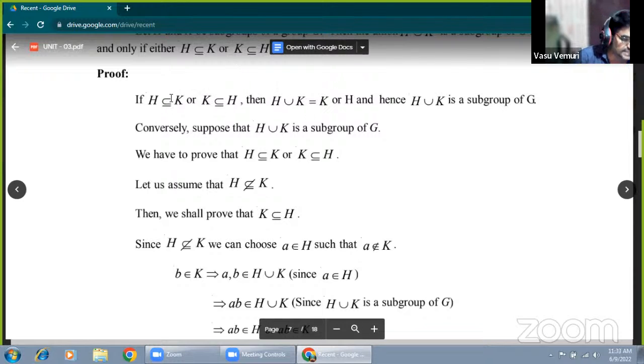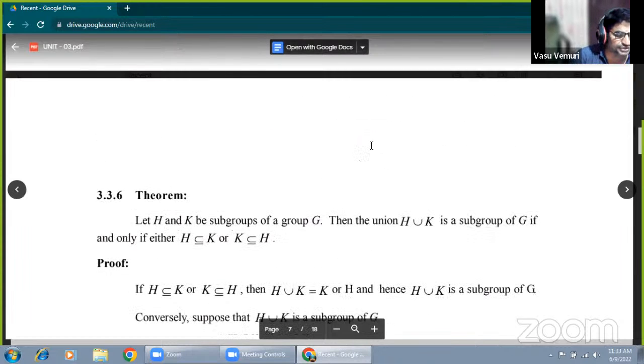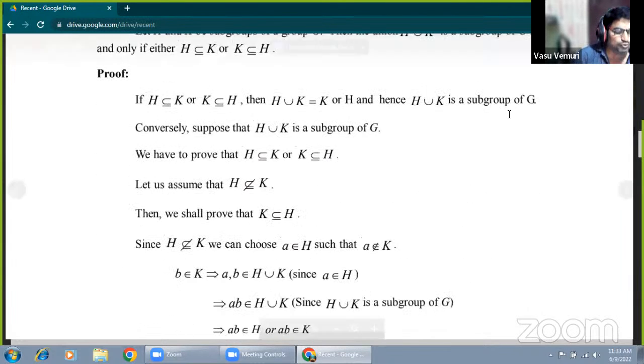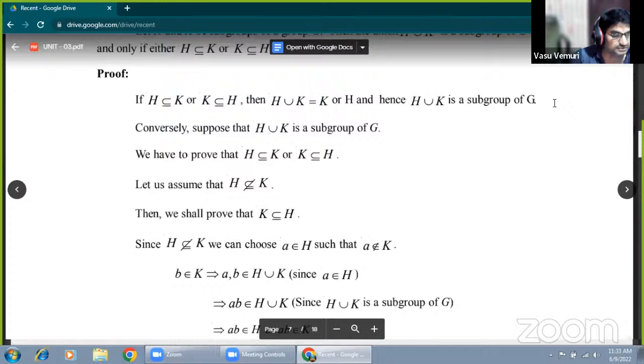H union K is equivalent to either K or H. Therefore, it is given here that H union K is a subgroup of G. This is the necessary part. Either H depends upon K or K depends upon H. H is a subgroup and K is a subgroup, and the union H union K is a subgroup. Therefore, H union K is a subgroup of G.